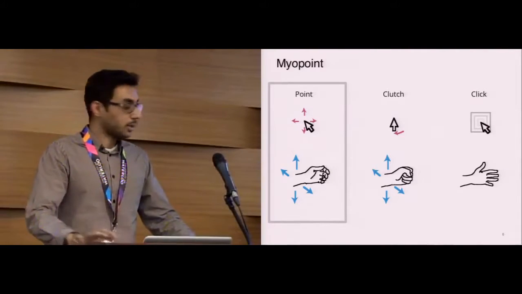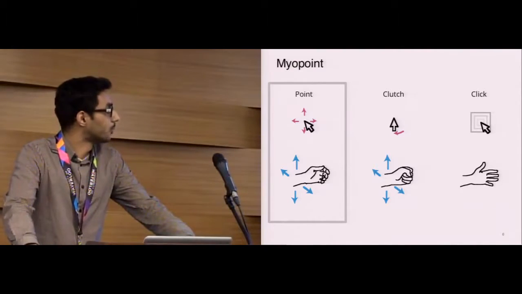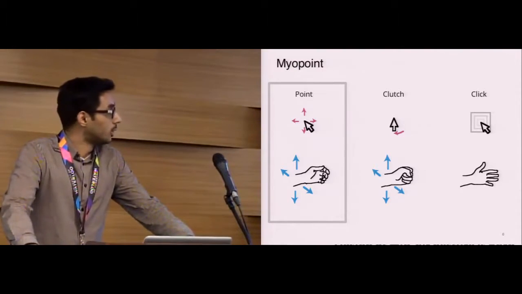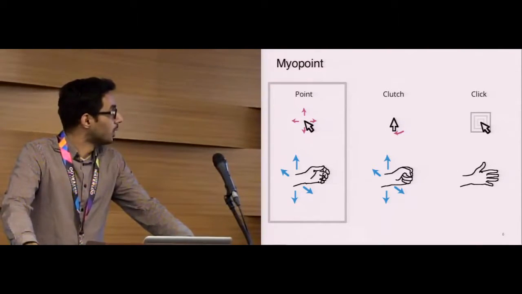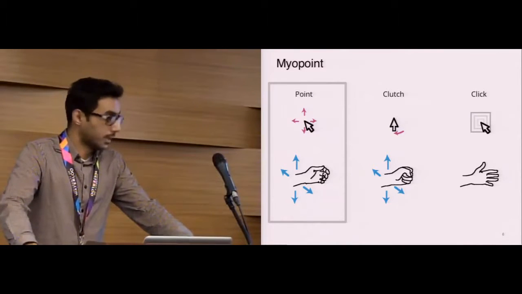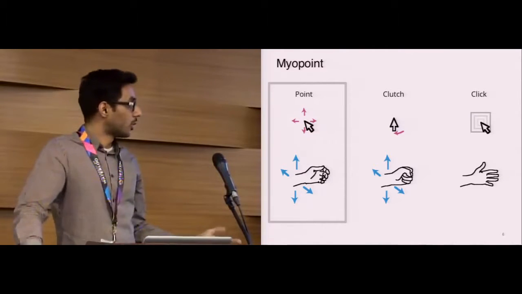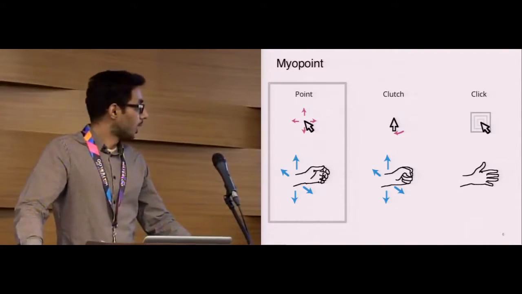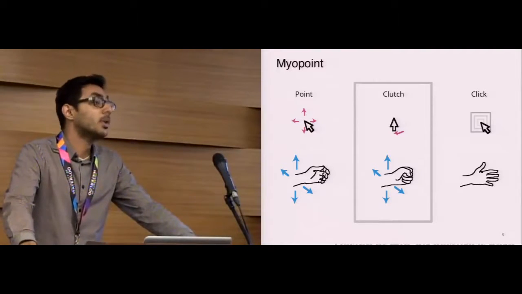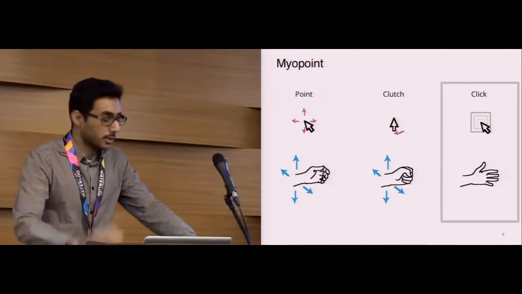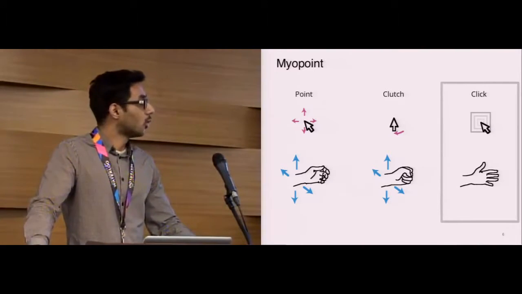So basically, there are these 3 core actions that you can do with Myopoint. So there's pointing, clutching, and clicking. So pointing is done with generally a loose posture, and then clutching is done with the clenched fist, and finally clicks are done with the tense open hand posture.